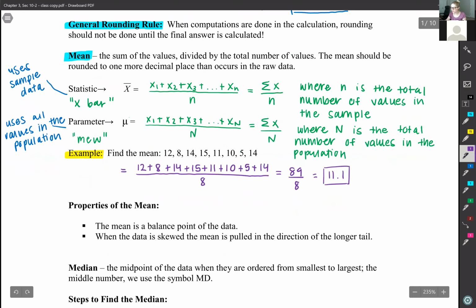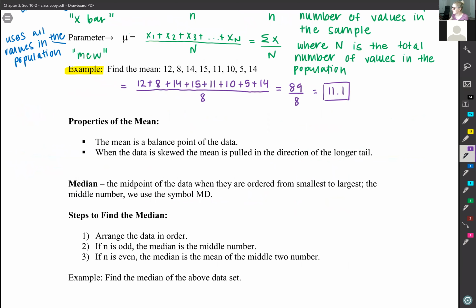Okay, let's just briefly talk about some properties of the mean. So I won't get into them too much, but the first one says that the mean is a balance point of the data. So balance point may be a word that you haven't heard before, but I'm just going to talk about what it means. So the balance point would be the point on a number line where the data distribution is balanced.